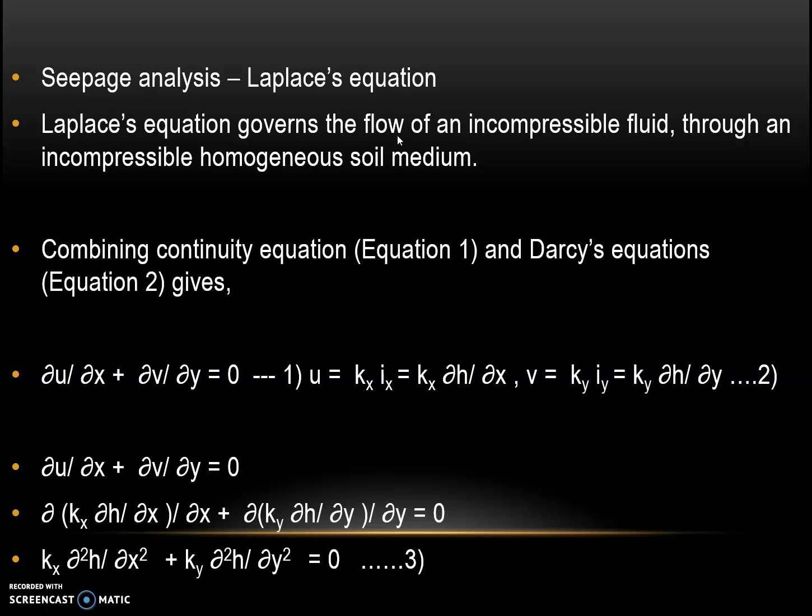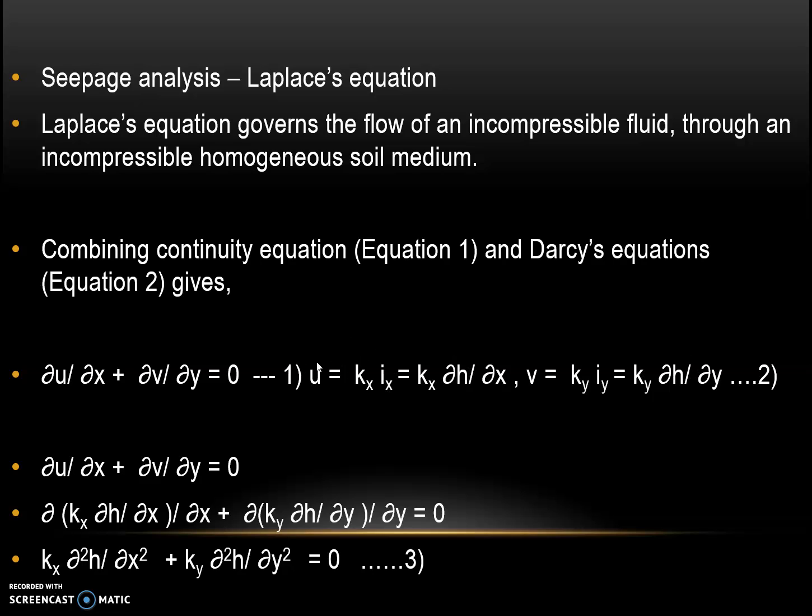Laplace equation governs the flow of an incompressible fluid through an incompressible homogeneous soil medium. Combining continuity equation and Darcy's equation, we get dou u by dou x plus dou v by dou y equal to 0, where u is equal to kx into ix is dou h by dou x. Similarly, v is equal to ky into iy, where iy is dou h divided by dou y.